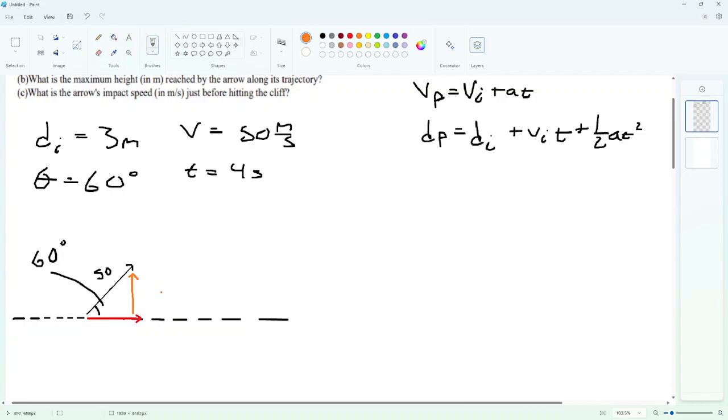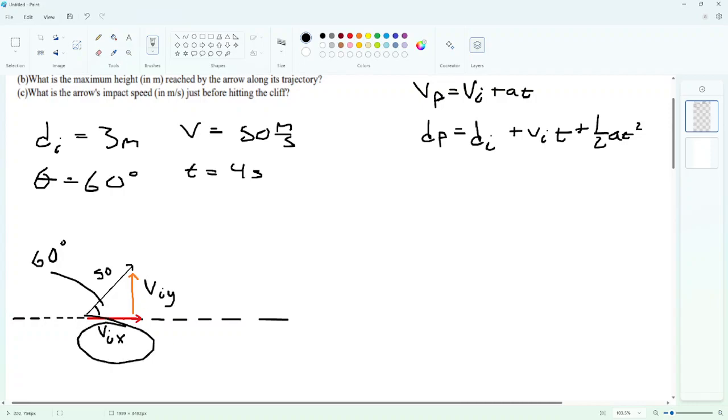The horizontal component I'm going to name VIX, and then the vertical component, I'm going to call it VIY, which stands for velocity initial in the x direction and velocity initial in the y direction.